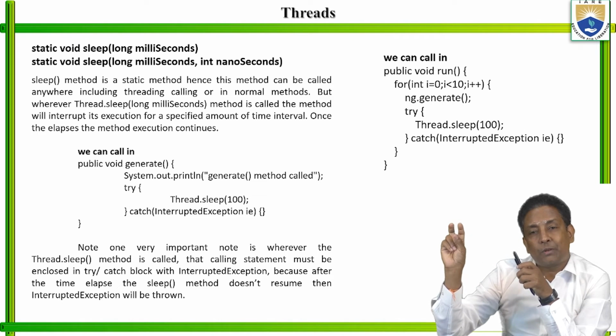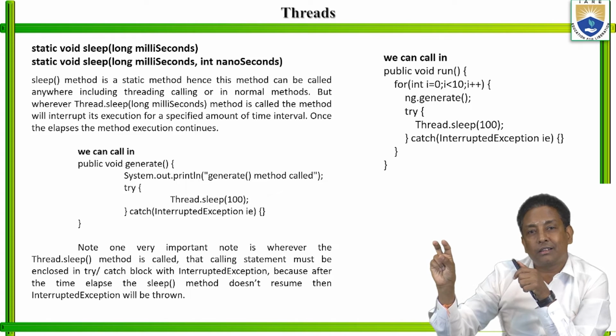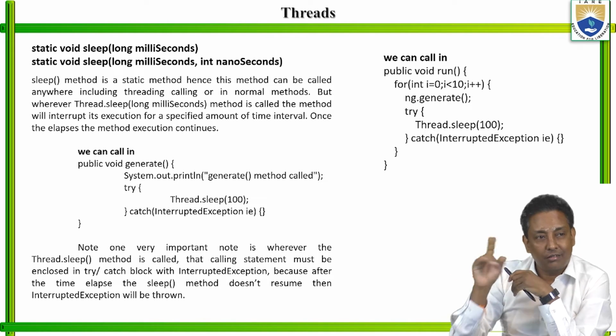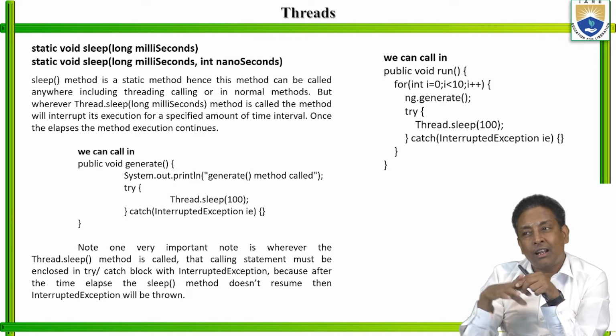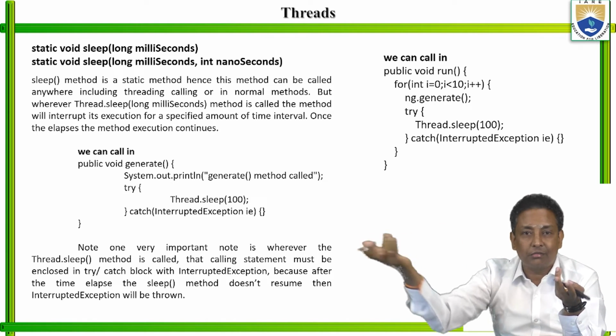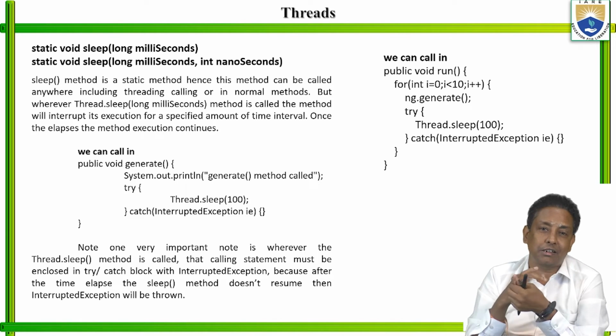So the client's responsibility is only to create thread objects and start the threads, but not to influence any logic in that thread execution. So there is no meaning in writing Thread.sleep in the main method and in the client program, because its job is only to call the threads.